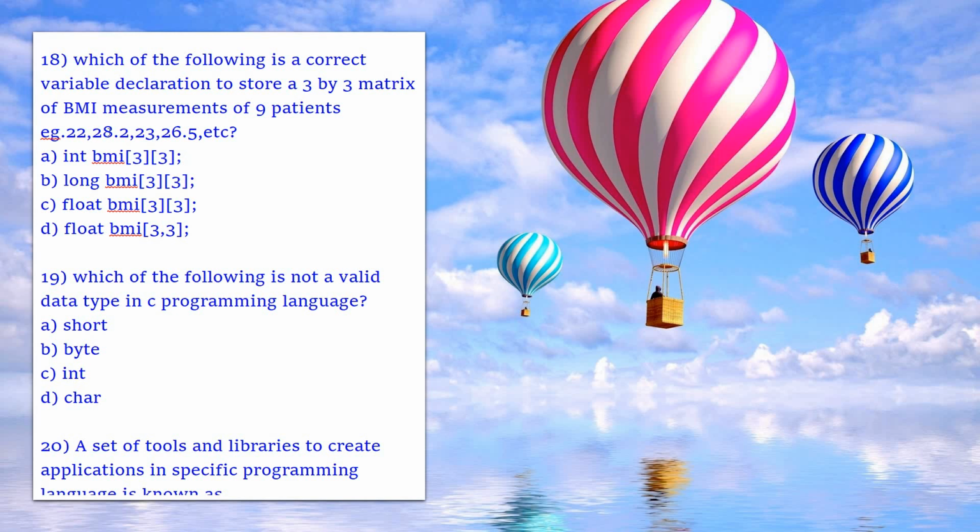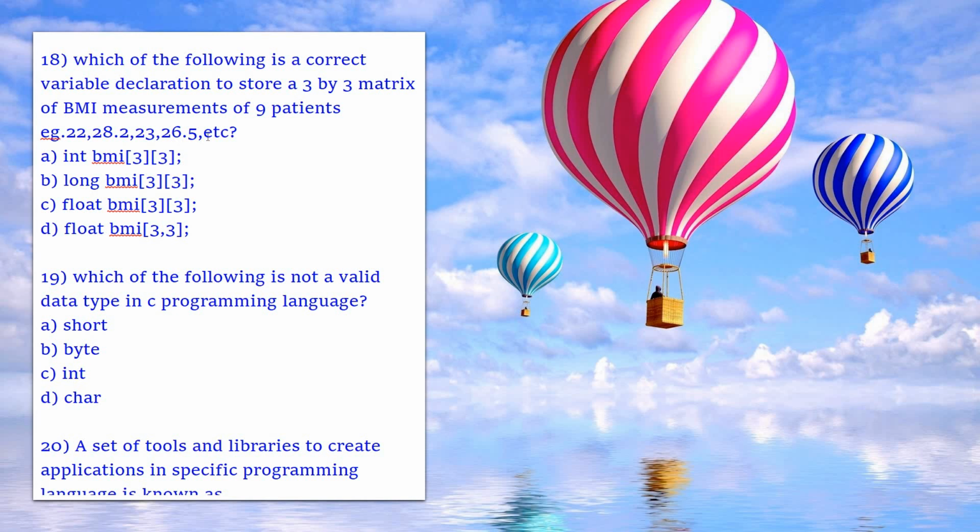But here we have integers as well as floating point numbers, so you cannot use long; it would simply waste your memory space. Then after that, float BMI of 3 is to 3 and float BMI of 3, 3. This is the wrong syntax of option D, the wrong syntax of a two-dimensional array.